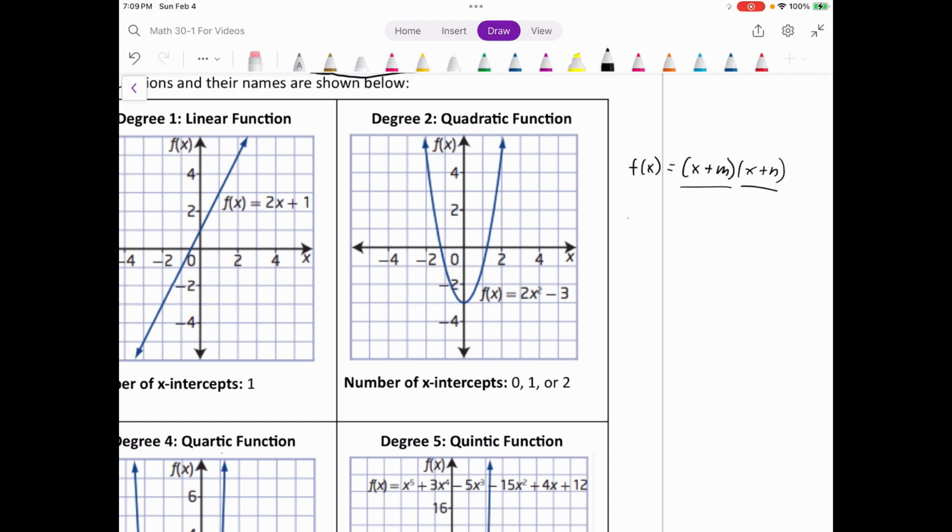Again, there are cases where there's only one way to make it 0. Maybe it only has one factor. Maybe it's x plus 1 squared. That only has one factor. The only way to make this 0 would be to make x equal -1. So, 1 x-intercept.